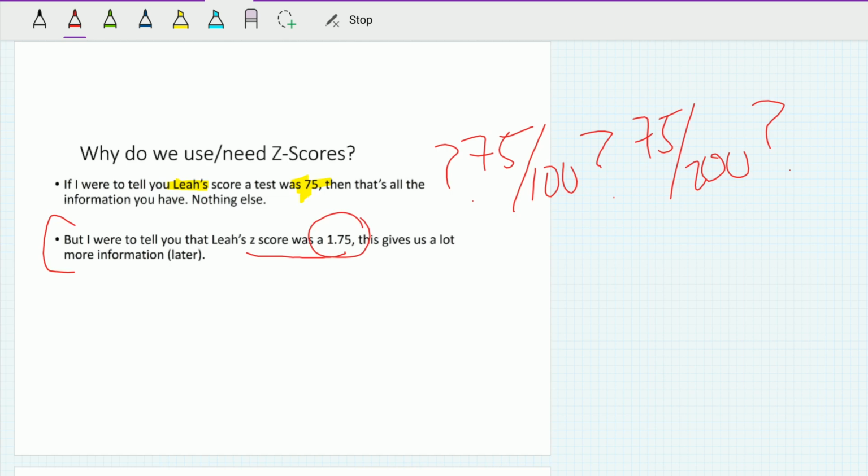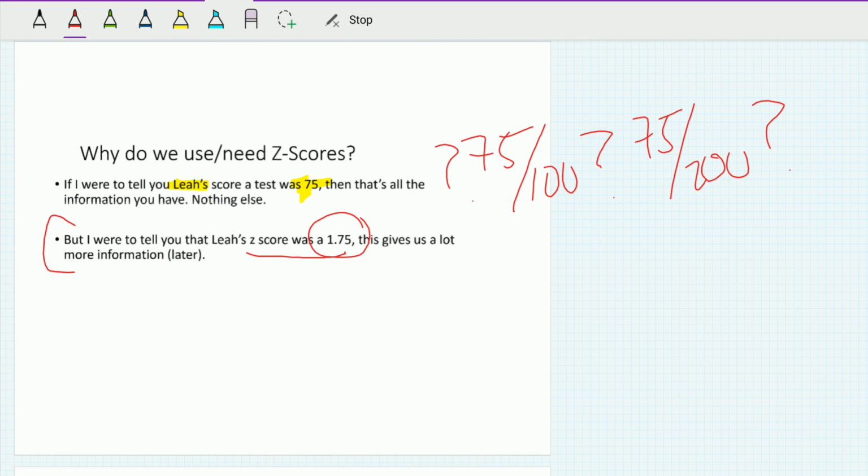Right now, maybe you don't really see it, because we haven't talked about it at all. But if I tell you a z-score is 1.75, then you automatically know it's above the average, and we can figure out what percentage, like how many people Leah beat.